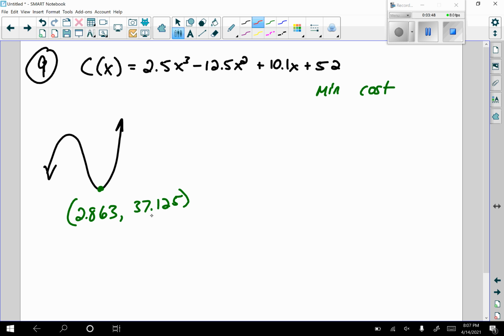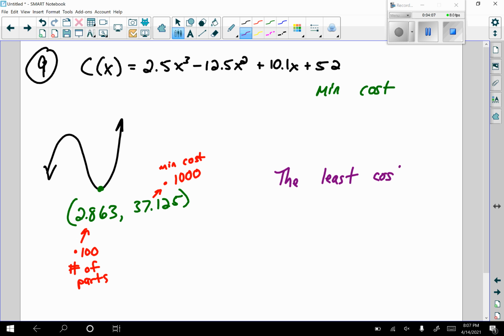So we need to take this number and multiply it by 1,000, and this is the minimum cost. This number needs to get multiplied by 100, and that's the number of parts. So the way we answer this is that the least cost, or the minimum cost, is the amount of money times 1,000.